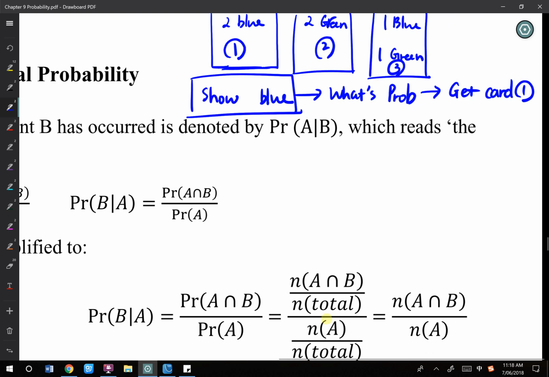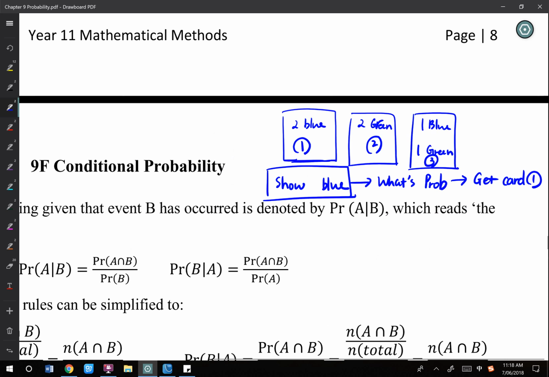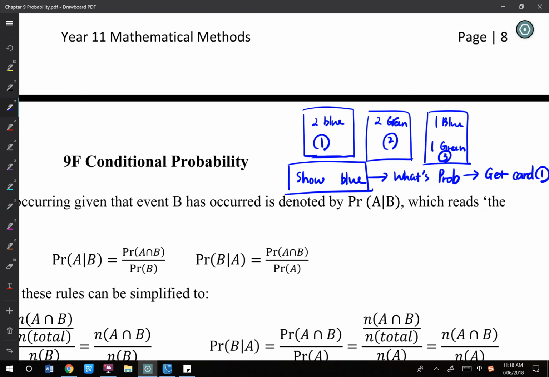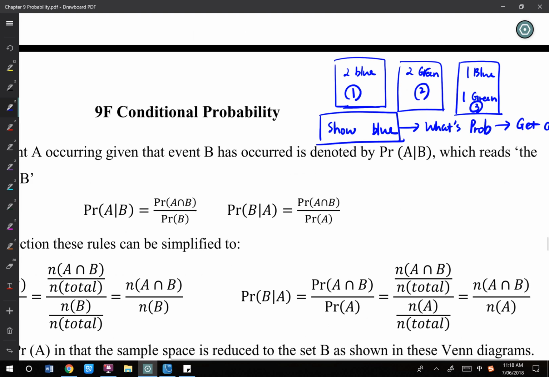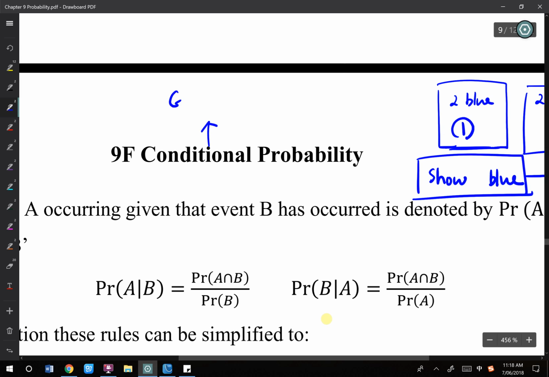But what you know is, extra information given to you will increase or decrease the probability. It will change the probability compared to a random guess or random pick. That's the point I want to make here. So conditional probability is when you know information in advance. Normally when there's a conditional probability, the words given or knowing that will be the key words.